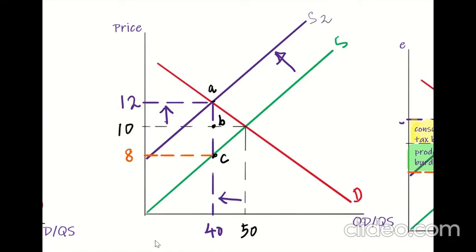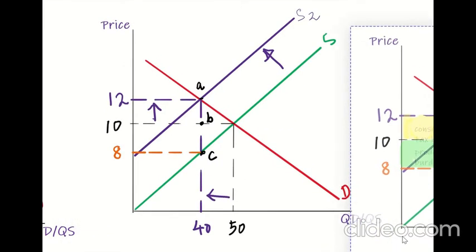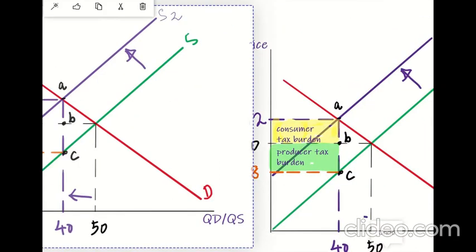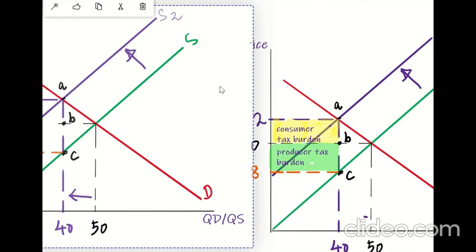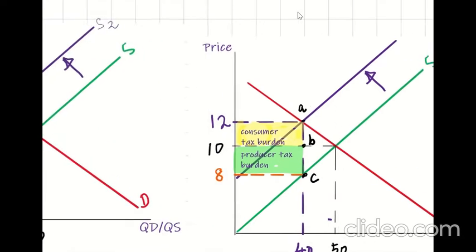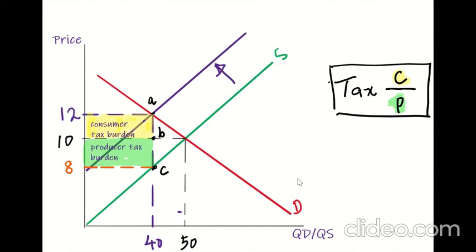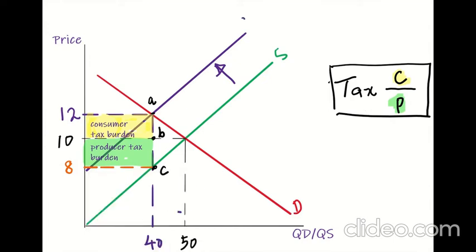Now let's see how to show the tax incidence on consumers as well as the producers. Remember, to show the tax incidence in a demand and supply diagram, the consumer tax burden will be shown on the top, whereas the producer tax burden is on the bottom.